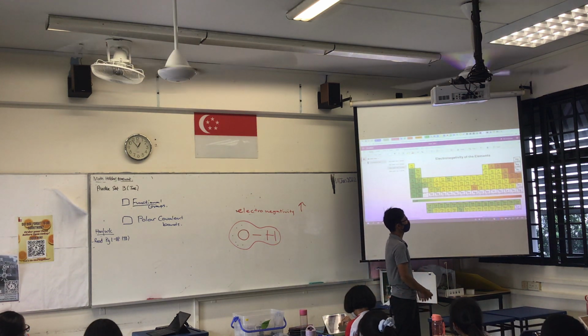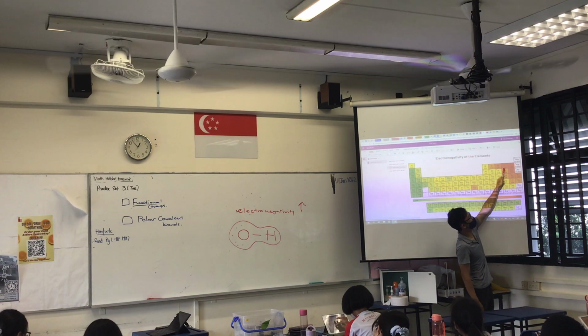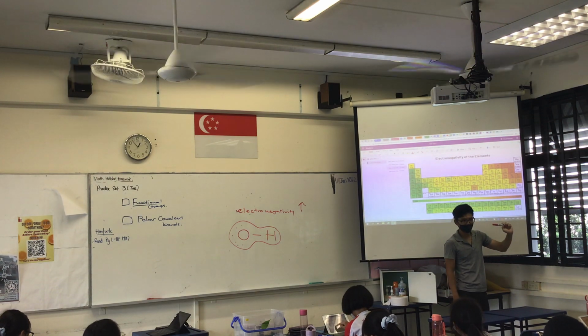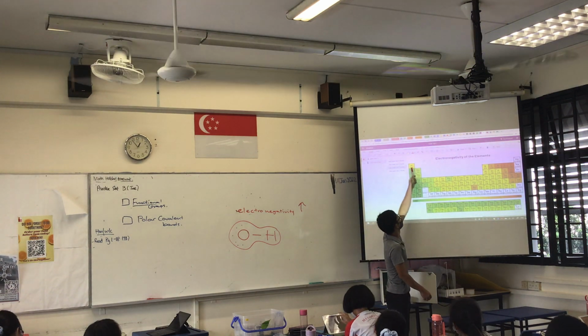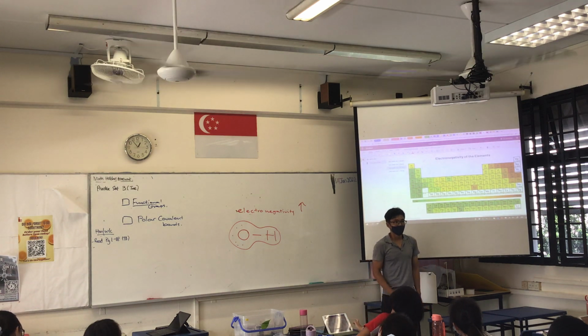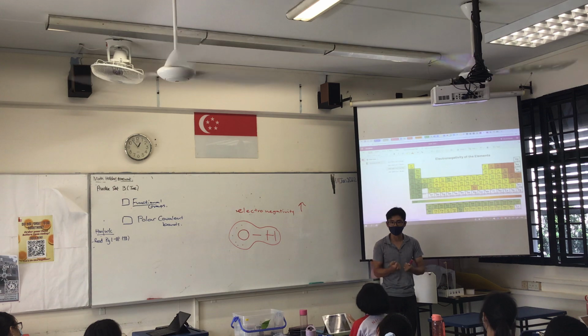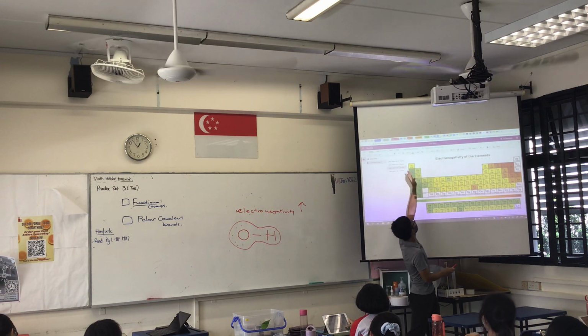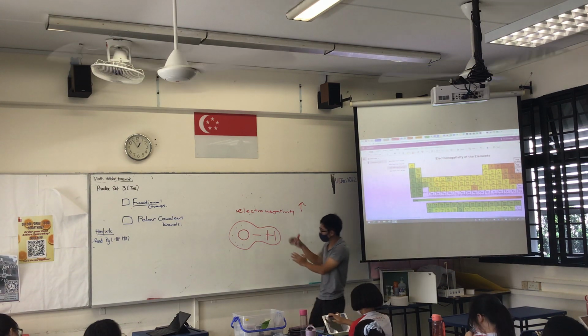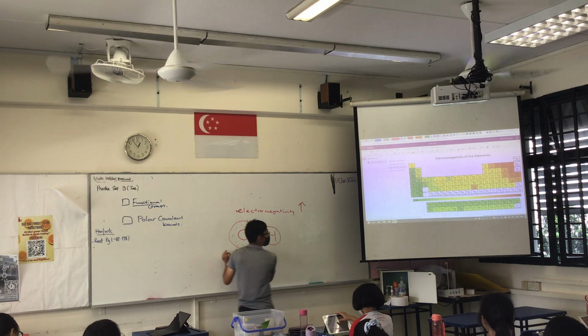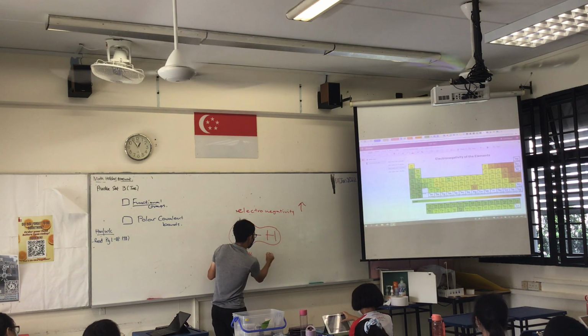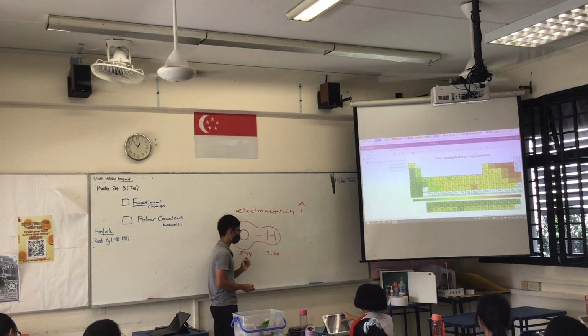For example, look over here. Oxygen has an electronegativity of 3.44. Let's compare it to hydrogen, 2.20. Remember, the higher the electronegativity, the more you attract electrons towards itself. So if we pair hydrogen and oxygen, you'll find that oxygen will pull electrons to itself. It's 3.44, 2.20.